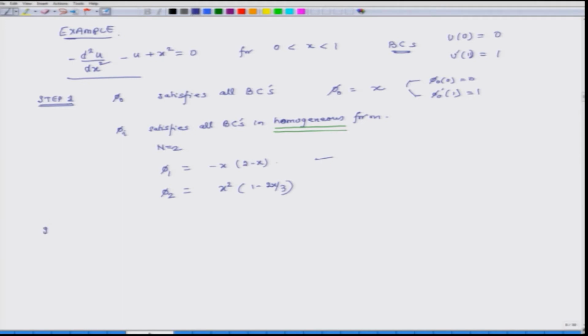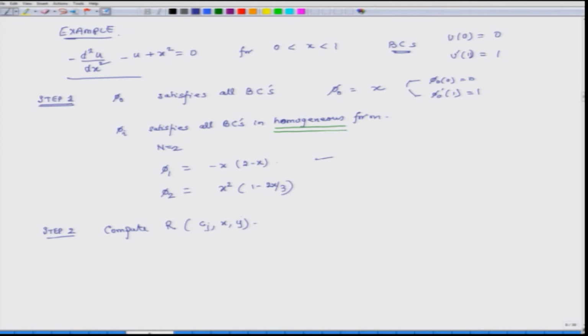Then our next step is to compute R. R is the residue and this is a function of Cj, x and y.